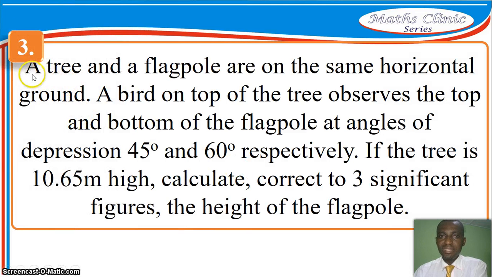Our next question is: a tree and a flagpole are on the same horizontal ground. A bird on top of the tree observes the top and the bottom of the flagpole at angles of depression 45 and 60 degrees respectively.